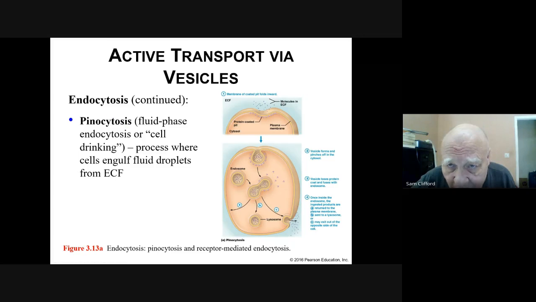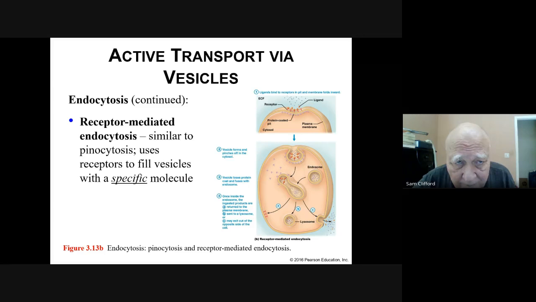So make sure you read through these PowerPoints. I'm emphasizing concepts, but you've got to read all of these and study these. Sometimes you have special proteins that help take in substances. It's called receptor-mediated endocytosis.